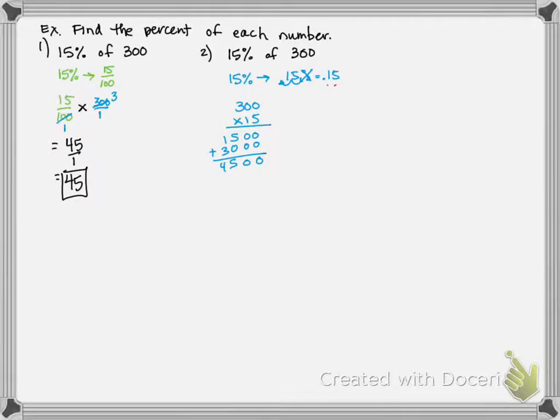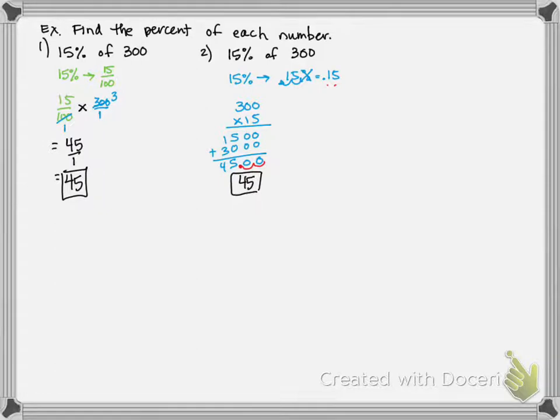Now I got to remember, I'm going to have 2 digits after the decimal point. So what's my answer end up to be? Same exact answer, 45. Notice percent is gone. Why? Because I converted the percent to either a fraction or a decimal, and then I multiply. So you get kind of a choice how you want to solve this.